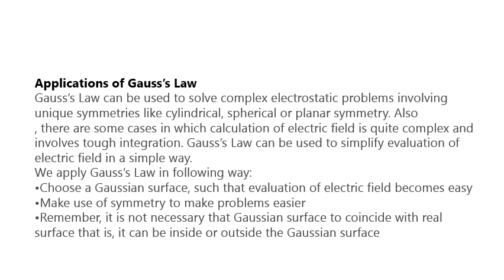Many times the Gaussian surface does not coincide with the real one, and it can be inside or outside. We can take these steps to calculate electric fields. Now we are discussing some examples from the electric field calculations.